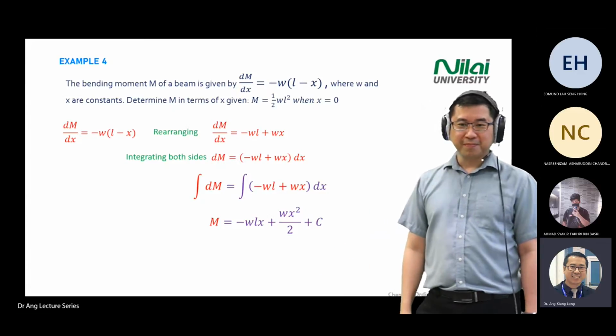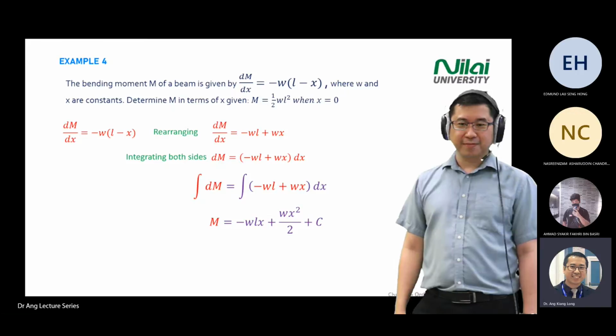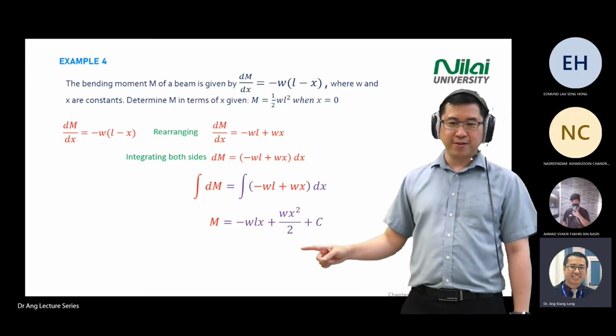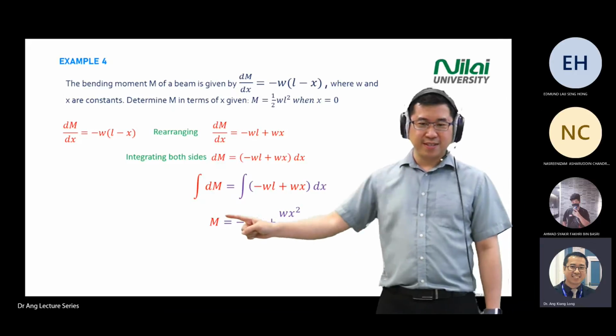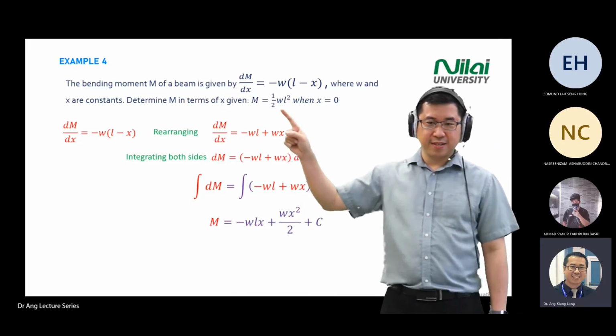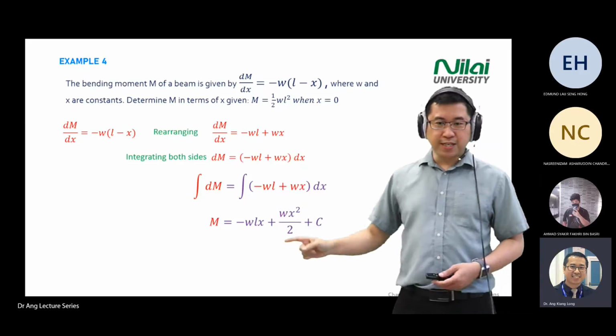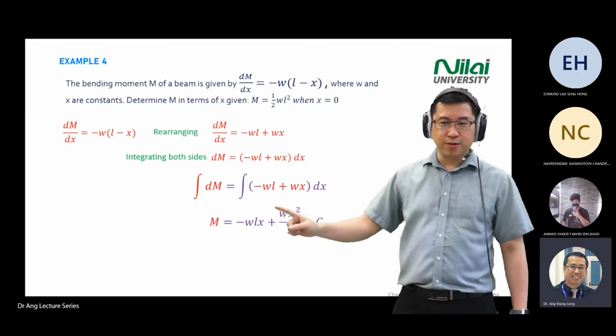The first one and second one of course 0, so C is directly equal to 1/2 WL squared. Correct.